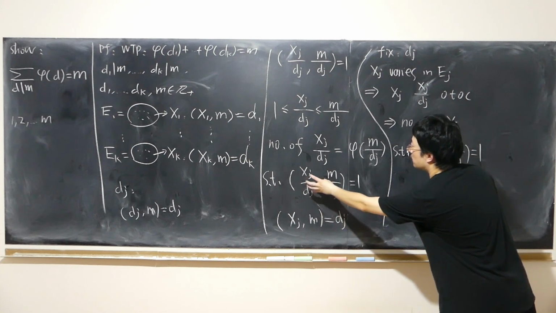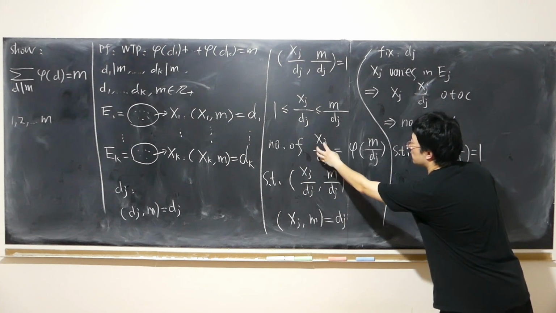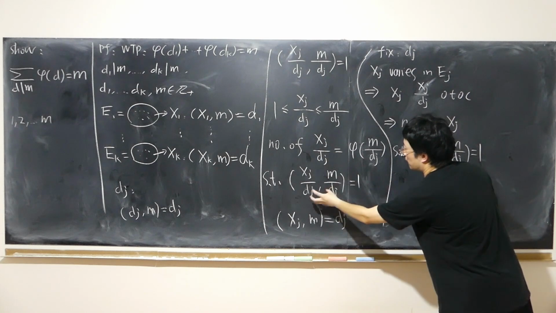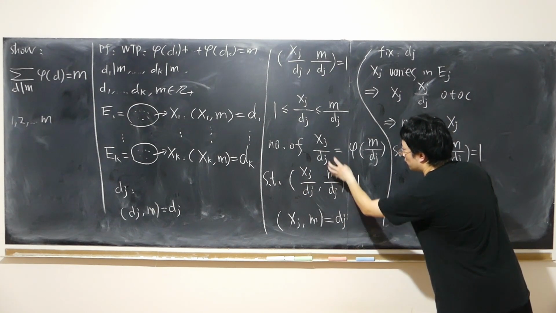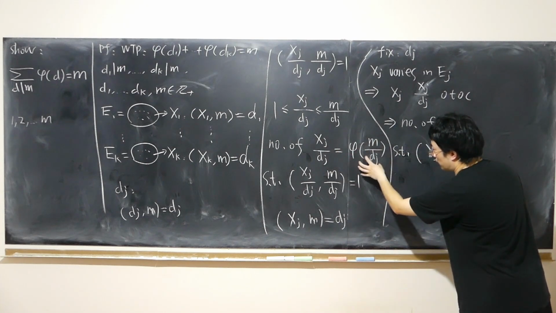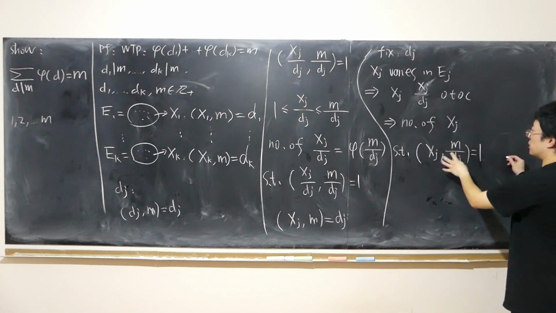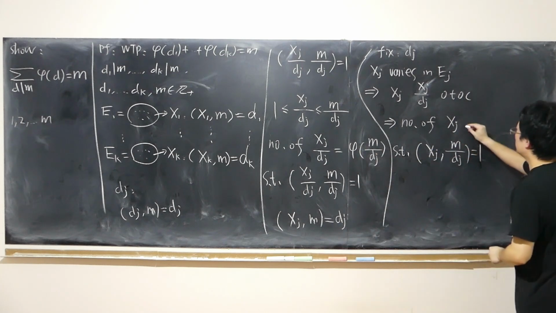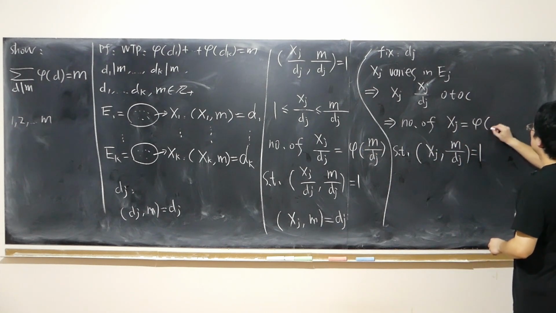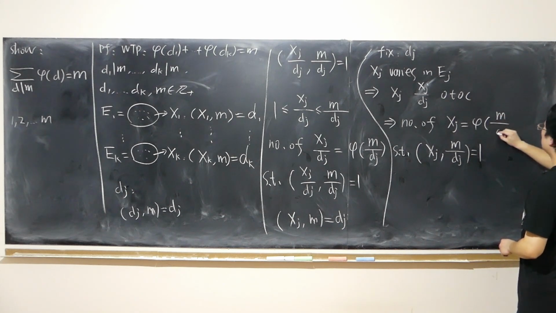Also, how many of such positive integers are there so that this positive integer and this positive integer are coprime? There are this many of them. So it must be that how many of such positive integers so that they are coprime must be the same. Phi of m over dj.